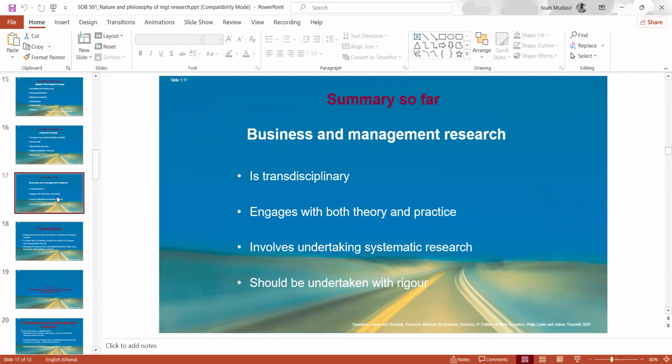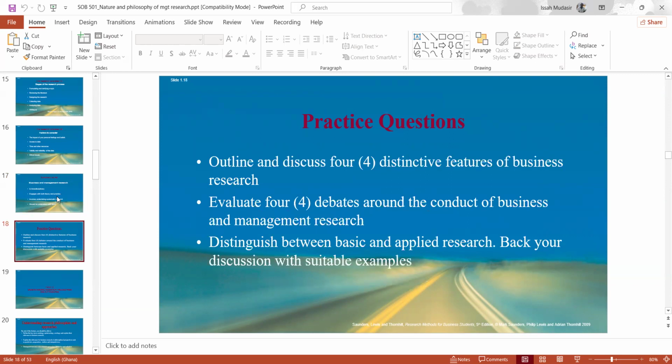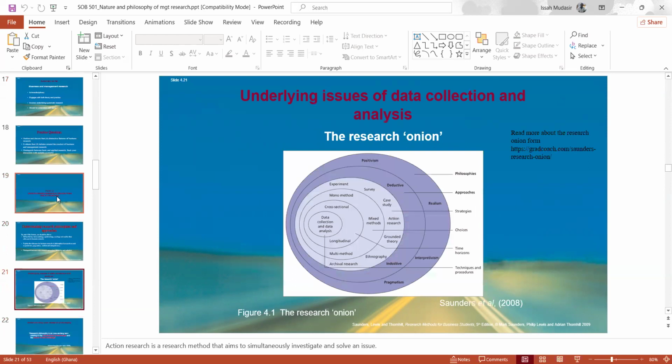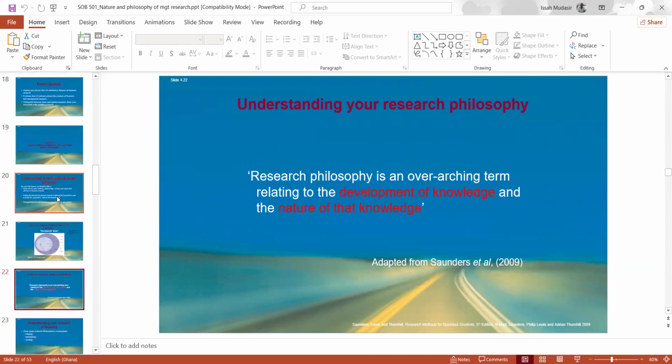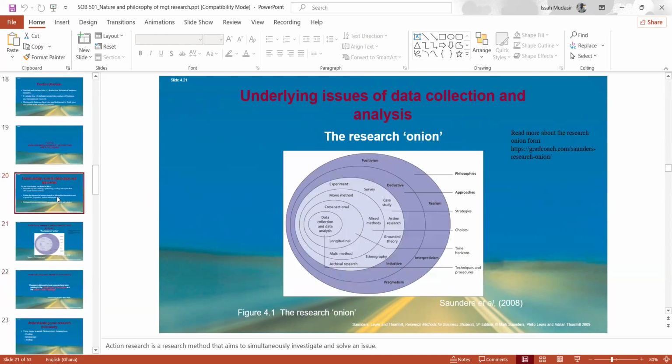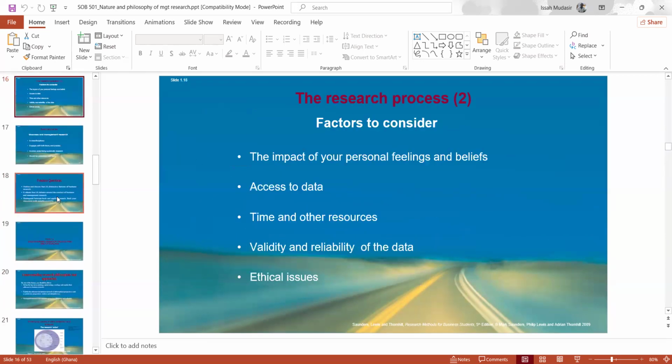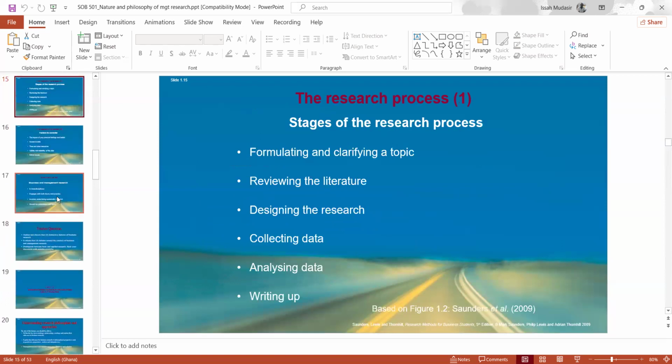Now, the next thing we want to do before we move to philosophy is to look briefly at the research process. In the next topic, we'll look at the research process in 3 stages.